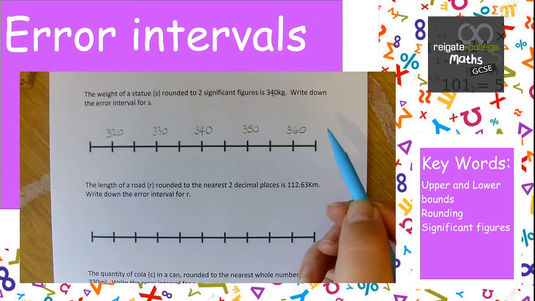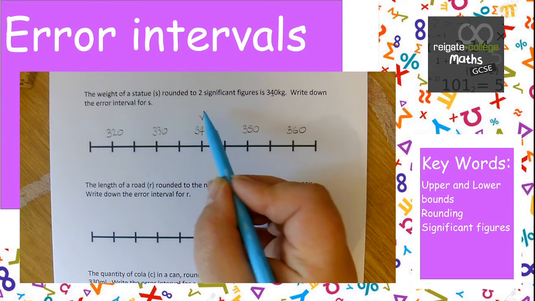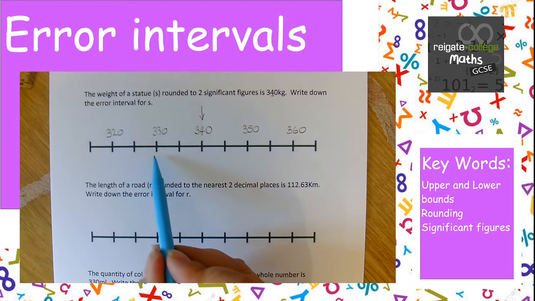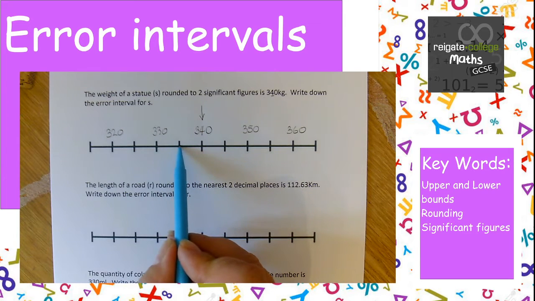So our statue has been rounded to here. Now what we're looking for is the point of crossover between rounding down to 330 or rounding up to 340, and that is always this halfway point.